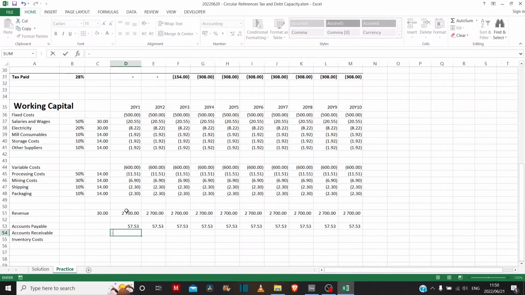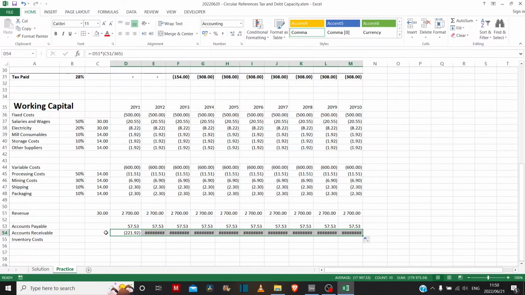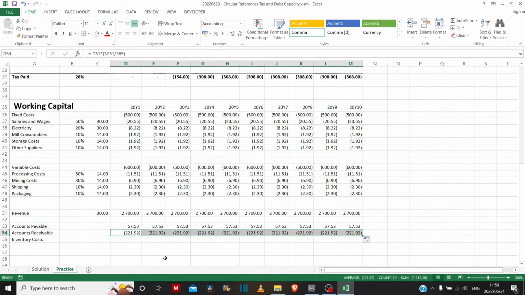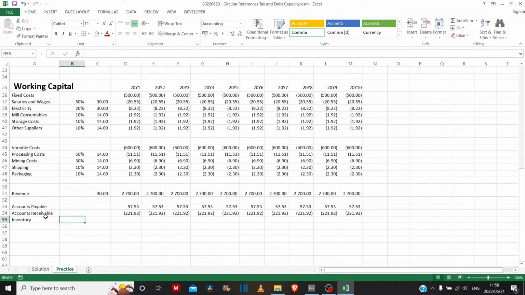So out of this $2.7 billion that is earned throughout the course of a year, 30 days worth of it is always sitting in the hands of our clients and not in our bank account. So that's a drain for us because this money is sitting with our clients. I'm just going to lock that column so I can drag that across. Okay, so I'll treat it as a negative. And now we'll look at the inventory.